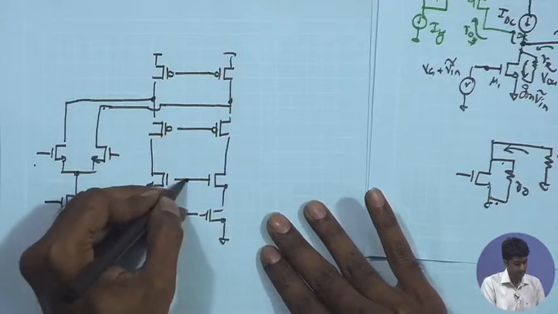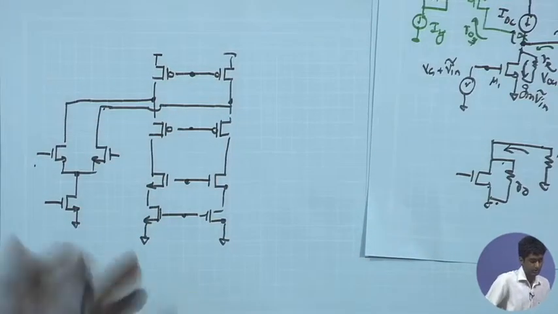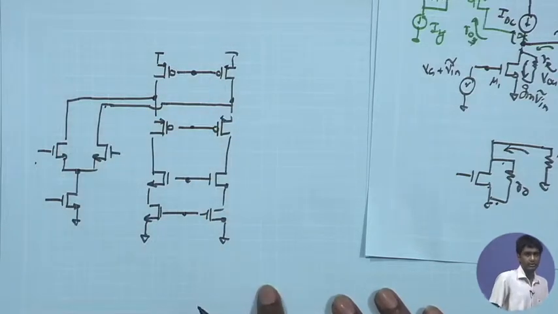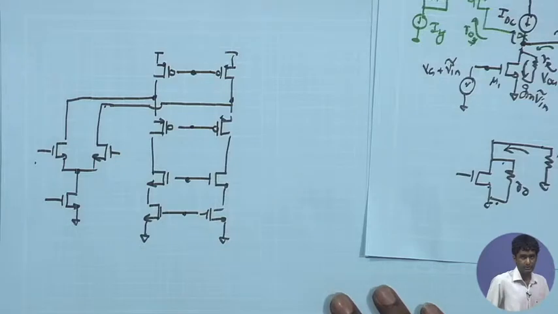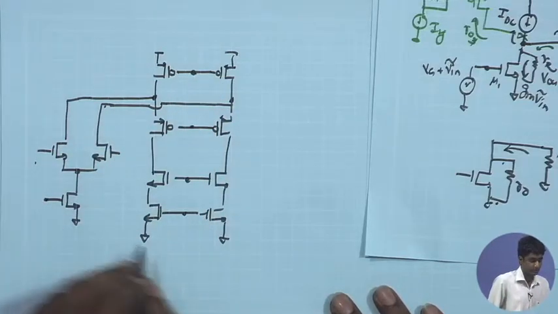For the time being, I am not discussing how these will be biased. I will arrive at that very soon. So this is the overall differential scheme that you have. Assume that these are appropriate DC biases, and this is again the tail current source for the differential pair.